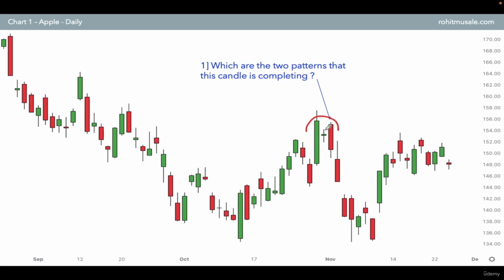The reason why I call it a variation of an evening star is because ideally for an evening star, this second candle should gap up from the close of the prior green or white real body. Now here in this case, it's completing a bear harami. So that is the reason why I call it a variation of an evening star. This candle should have ideally been here for it to be a perfect evening star. So a variation of an evening star and a bearish engulfing pattern.